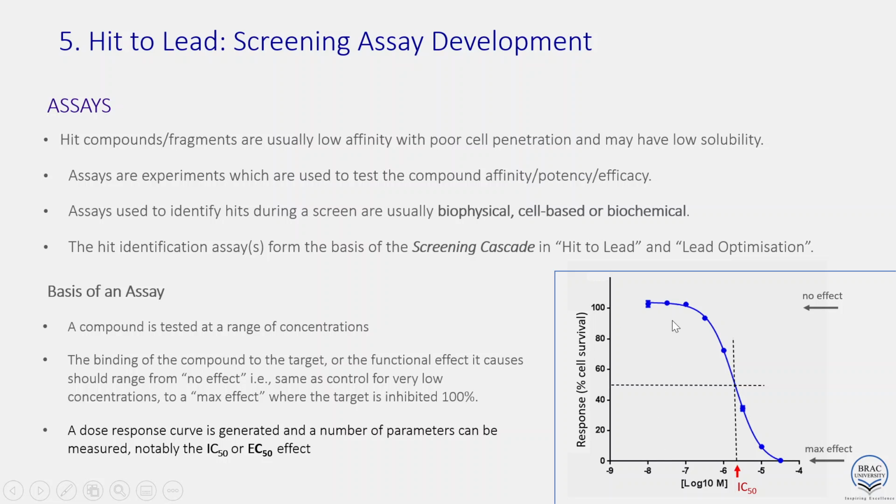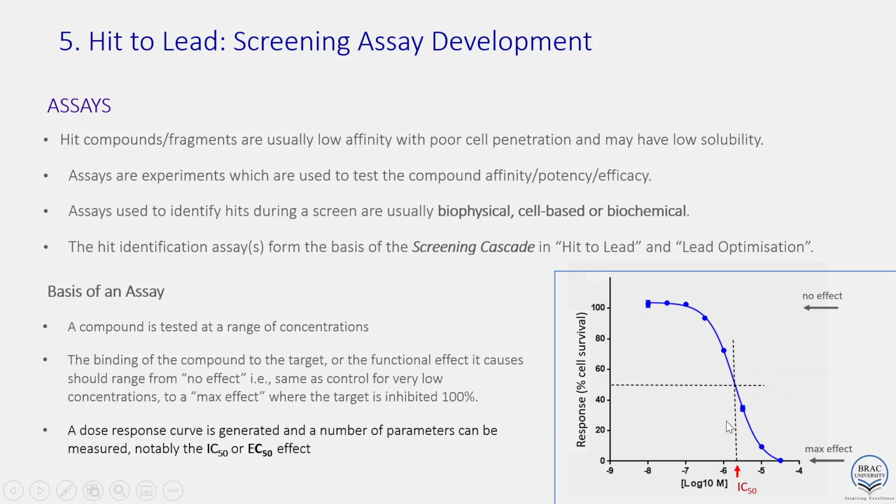At very low concentration, the hit compounds are not showing their effect. But as we increase our concentration, the surviving cells decrease. That means growth is slowing. At a very high concentration, all the cells are dying, so there is no survival. That is the max effect.